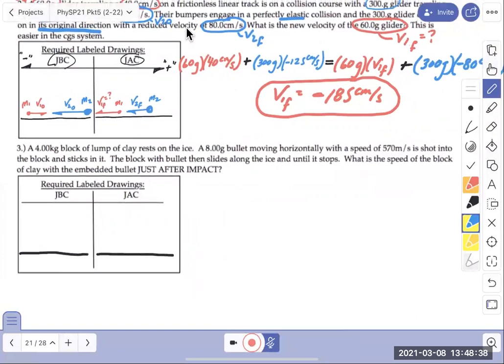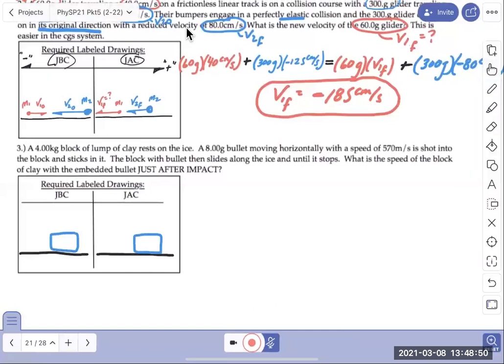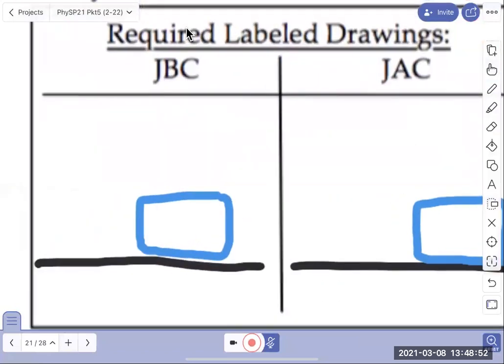And I'll make my block blue clay. I'll make my bullet, the little guy, red. So here comes the bullet. Now the international symbol for movement is 3 lines. Looks like that.